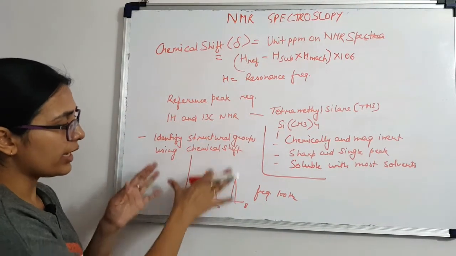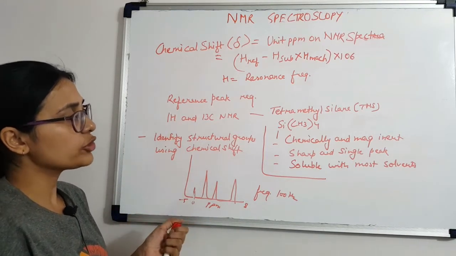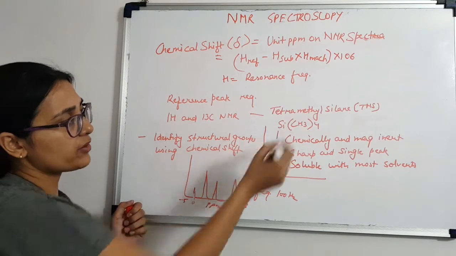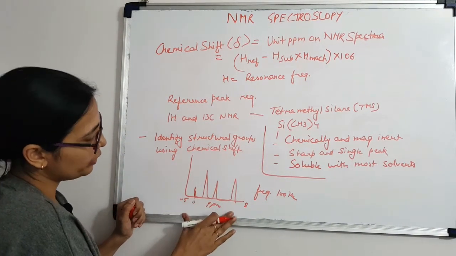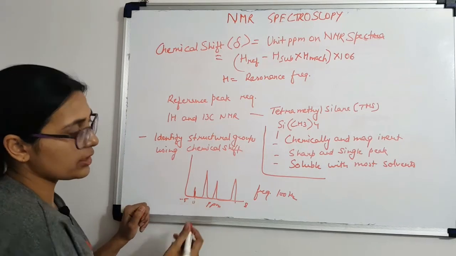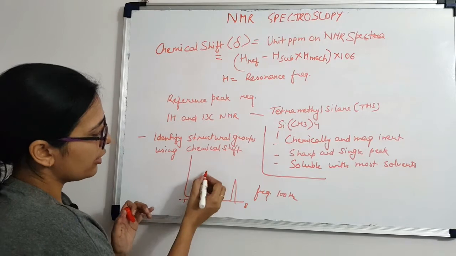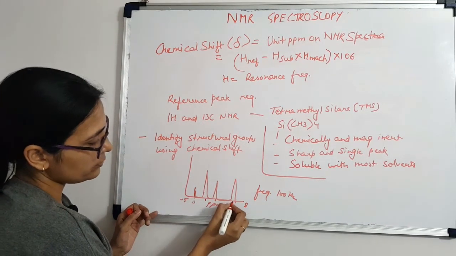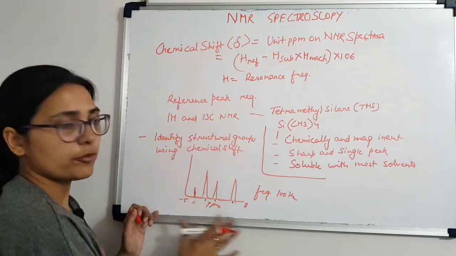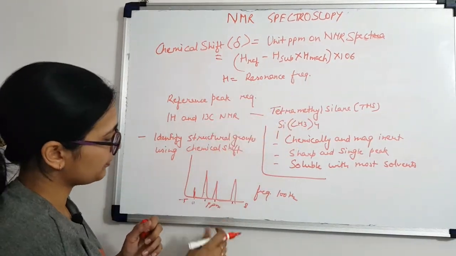So if you look at a spectrum, you have a sharp and single peak of tetramethylsilane at 0 ppm. You have this reference peak for comparison, and from these different peaks in the spectrum, you can get the chemical shift, which can be calculated using resonance frequency.